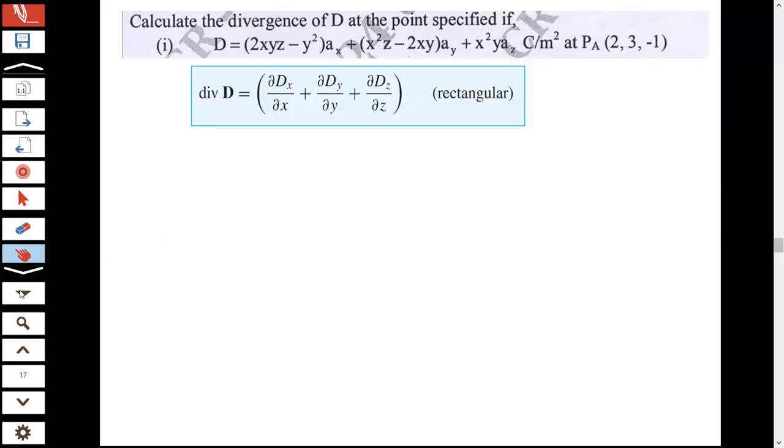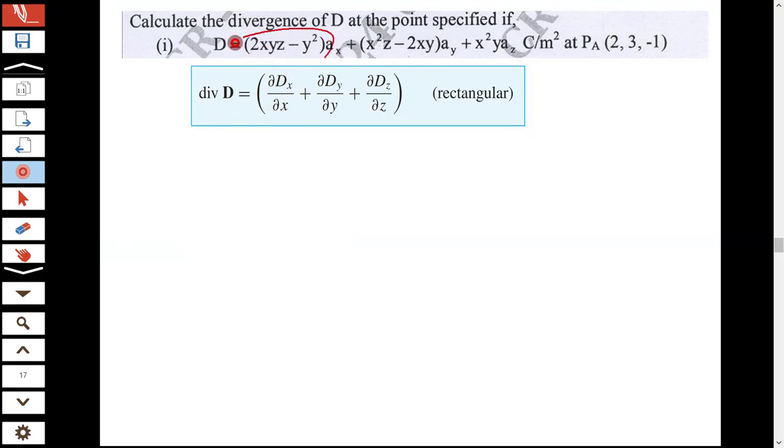We can recall the formula for divergence in the rectangular, cylindrical, and spherical systems respectively. When we look at this, we can consider the value of D in the rectangular system, and the formula of divergence has the x component of D, y component of D, and z component of D to be substituted.